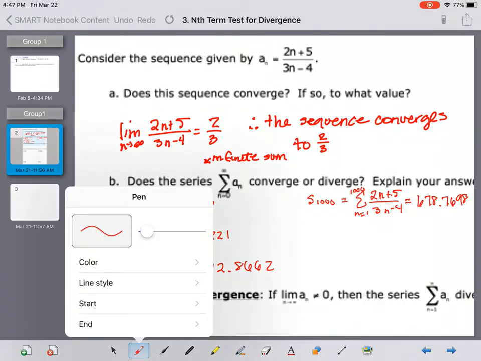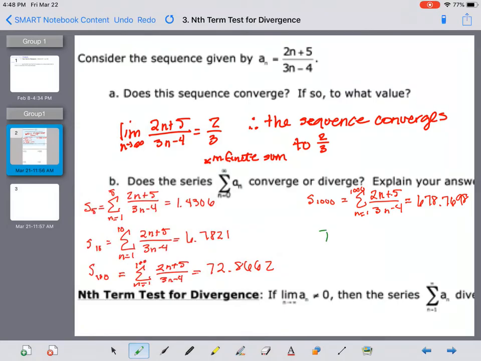So I'm going to put that in a different color. So I would say the series diverges. We're going to make that prediction right now. Diverges since the partial sums increase in value.